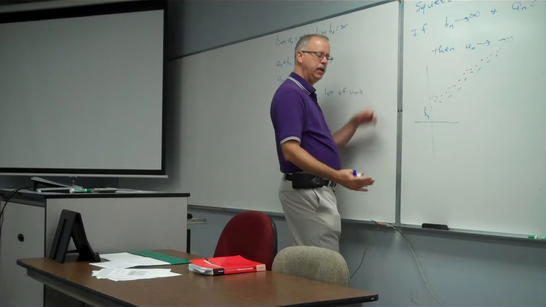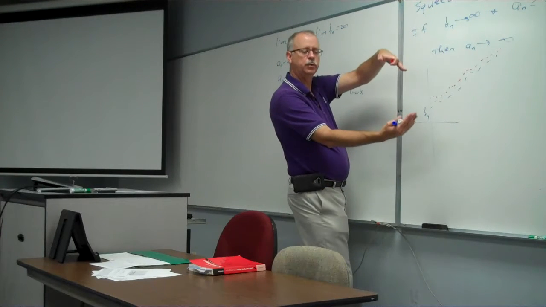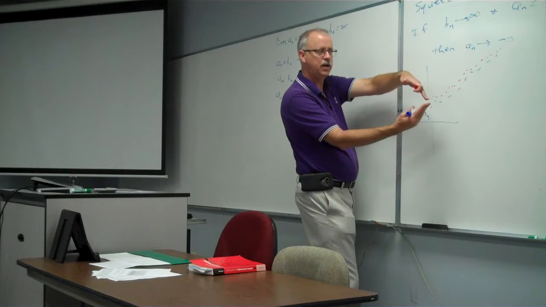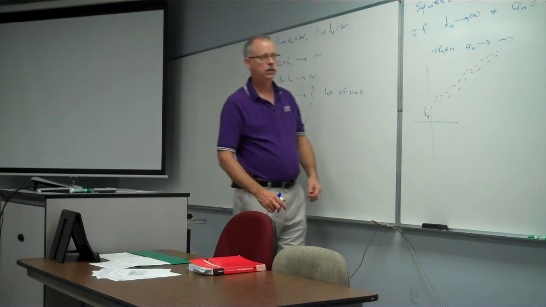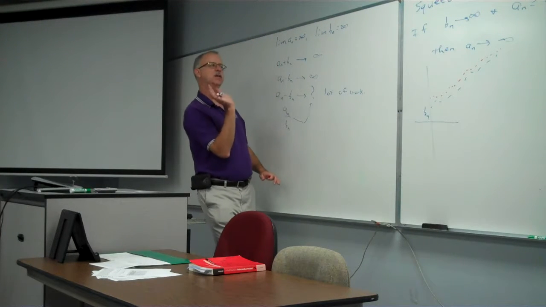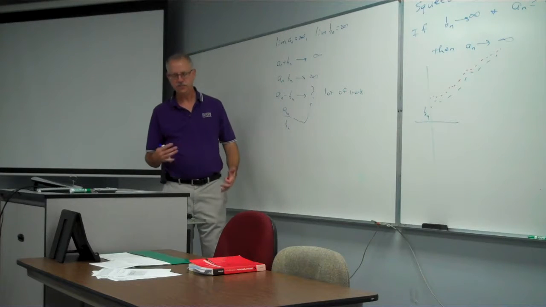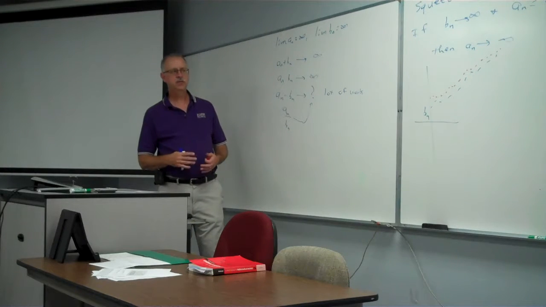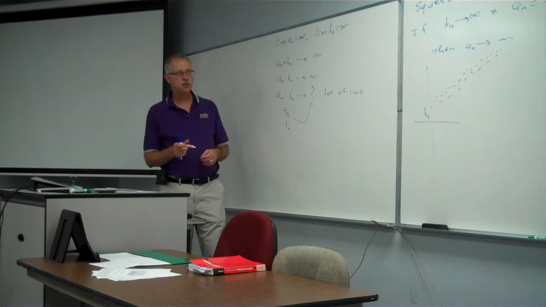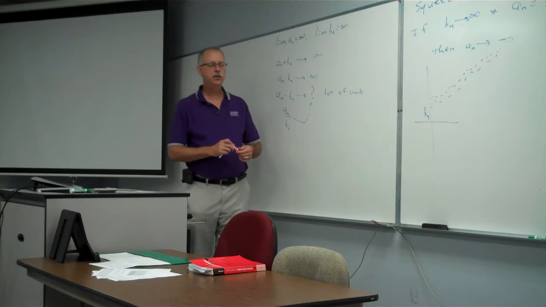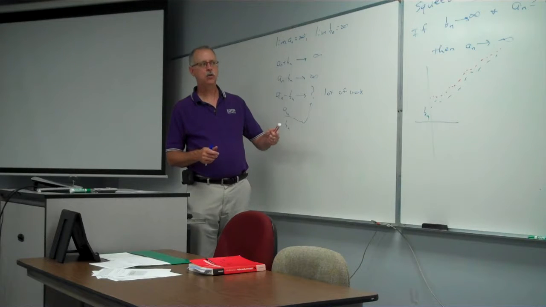A lot of times with the squeeze, we're putting the squeeze on between two functions, squeezing down to a value. Here, there's a sense we're kind of squeezing it off to infinity. If the small one's headed to infinity, well, that's where the big one's got to go too. There's no other thing it can do, and in fact, it has to go to infinity.